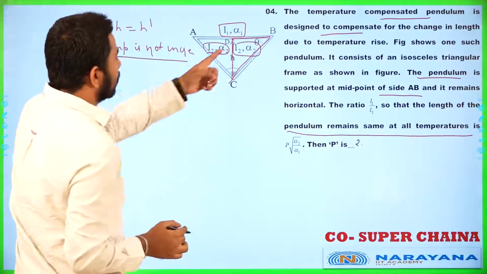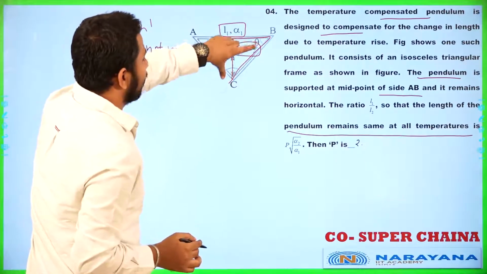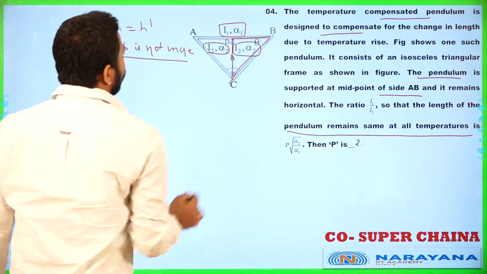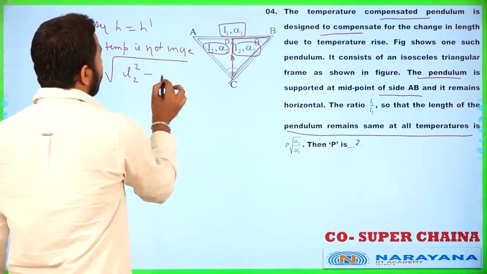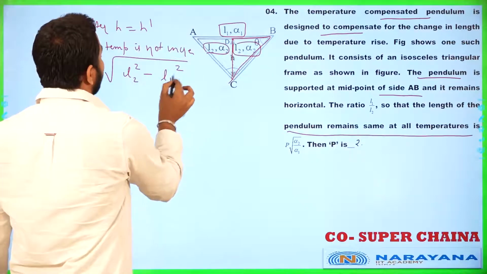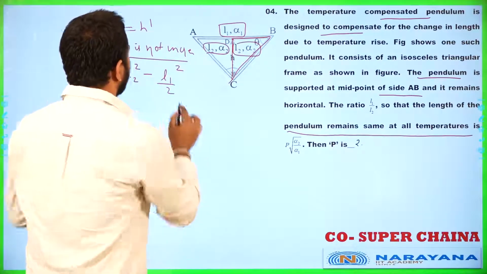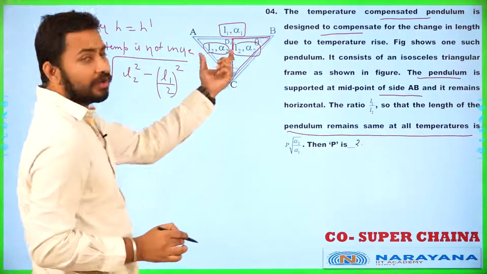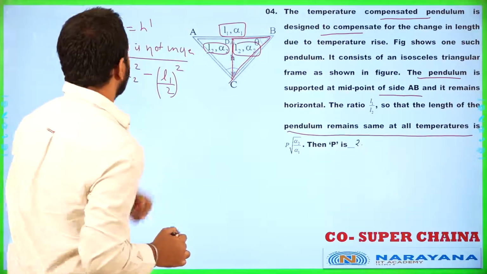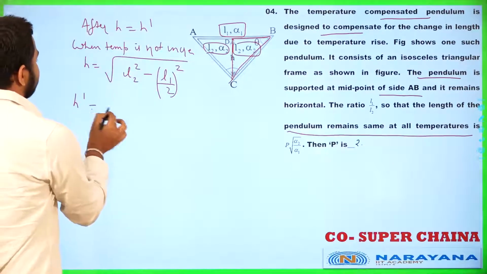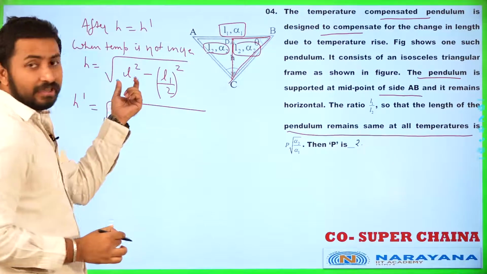So if you apply Pythagoras, this h can be written as, this one is given as L2, L2 square minus L1 square by 2, L1 by 2 whole square. This is what we can write. This is my h.